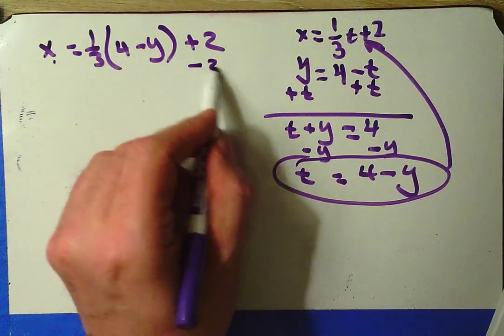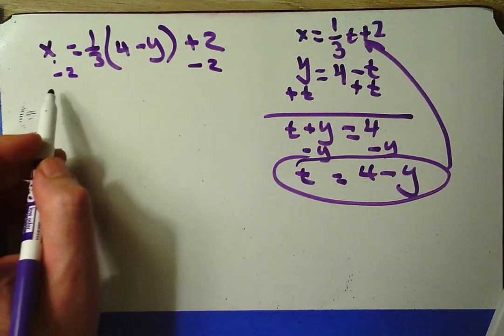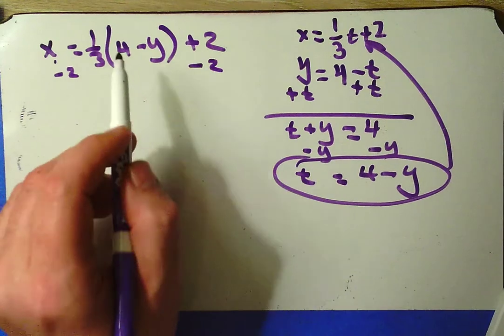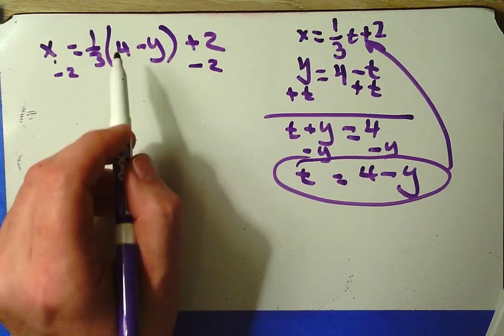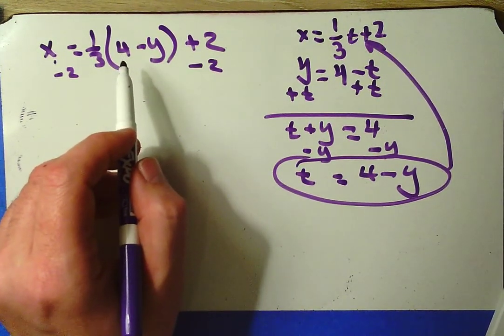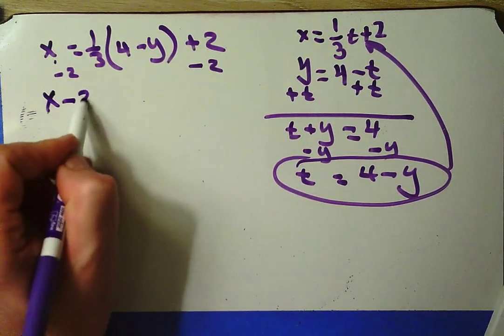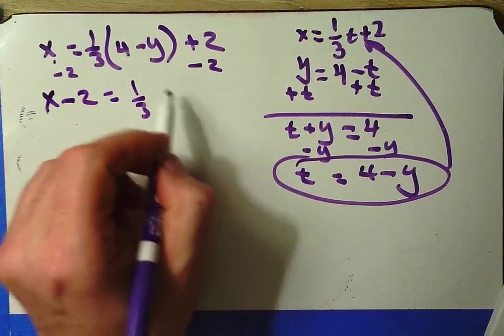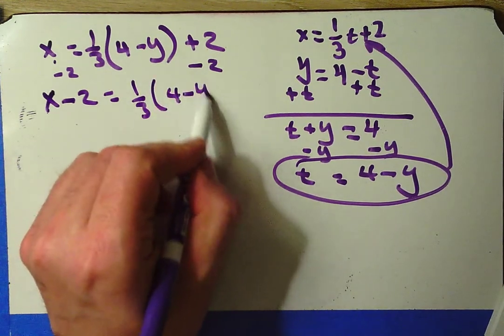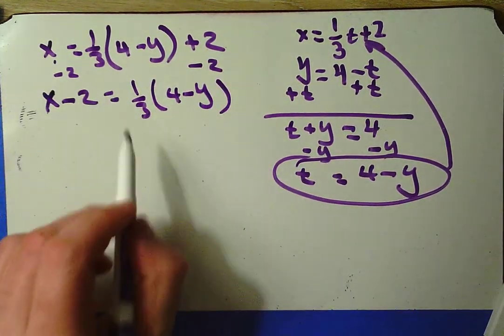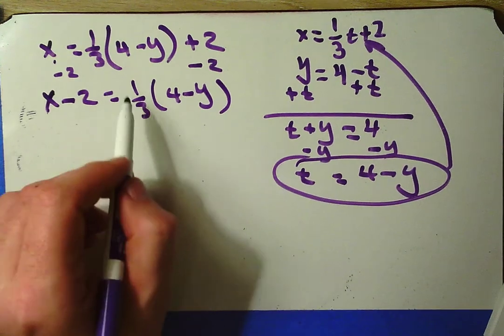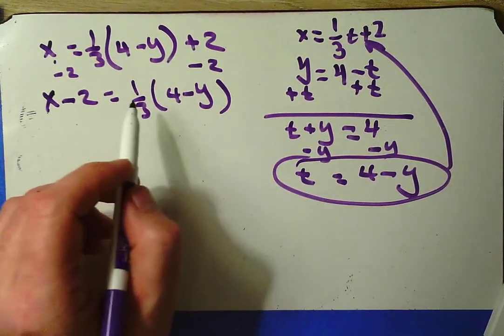I'm going to start by subtracting 2 from both sides. Remember, when we're undoing or solving, since we're undoing PEMDAS, we're doing PEMDAS backwards or SADMEP. So I'll have x minus 2 equals 1/3 (4 minus y). And then the next step, again, to get rid of this fraction, I'm not going to distribute it.